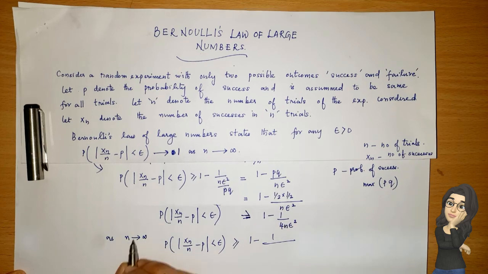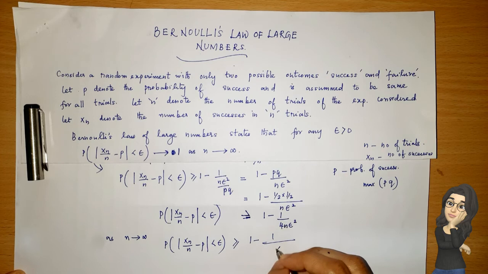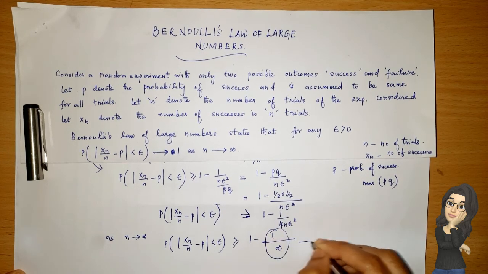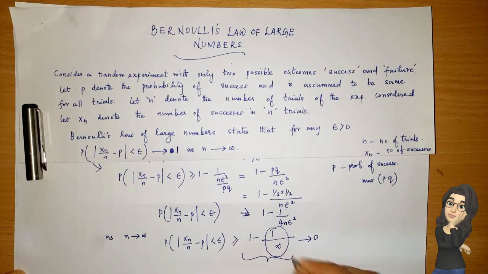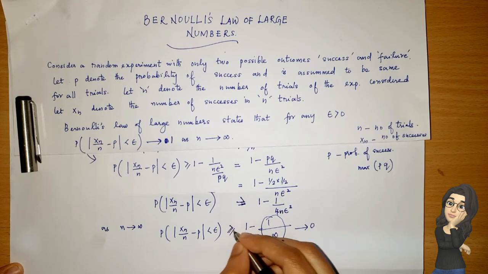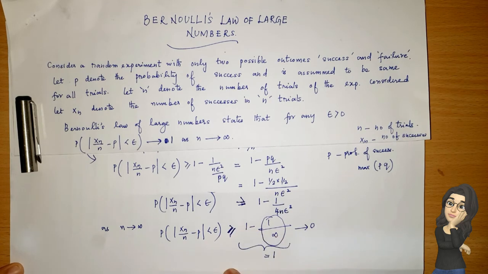So if n is tending to infinity, this is like 1 minus 1 by infinity. And we know this term will tend to 0. That is, this whole term will be equal to 1 or will be greater than or equal to 1 since this inequality holds.